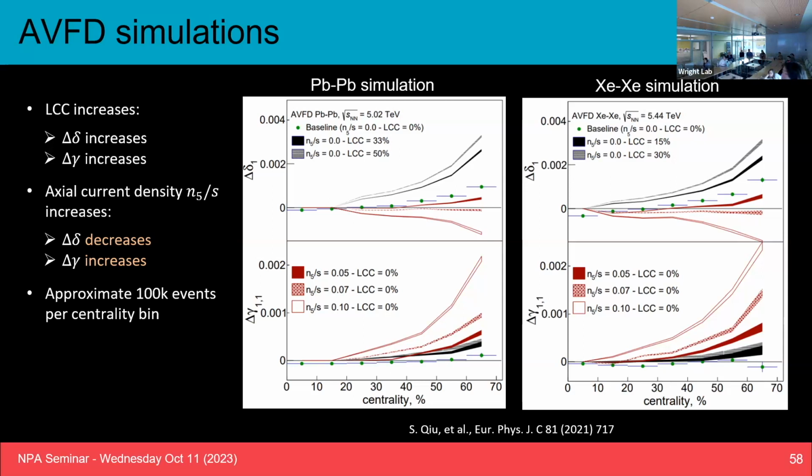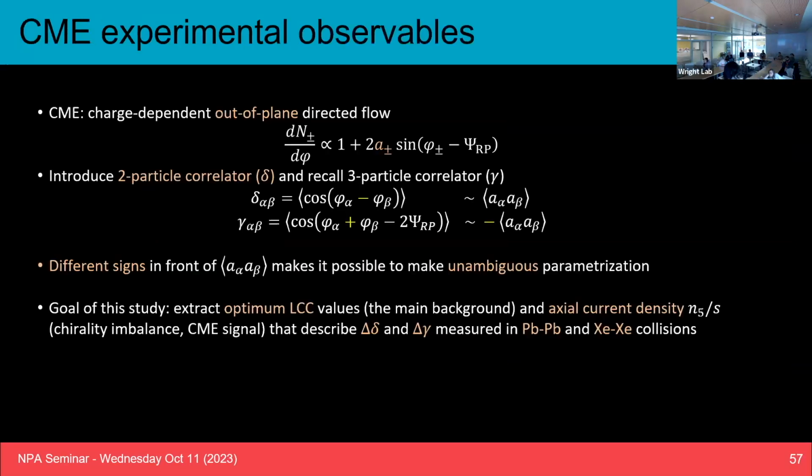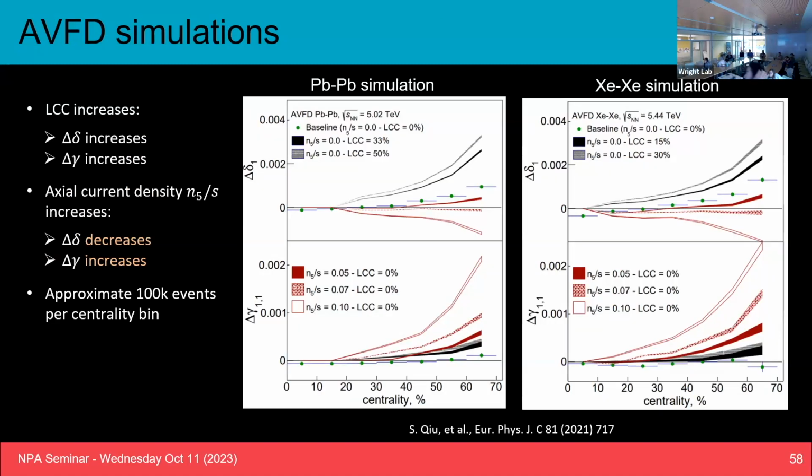But when you switch on the signal, because you have a different sign in front of it, as in the previous slide, they move in opposite directions. This is what makes it possible to make an unambiguous distinction.